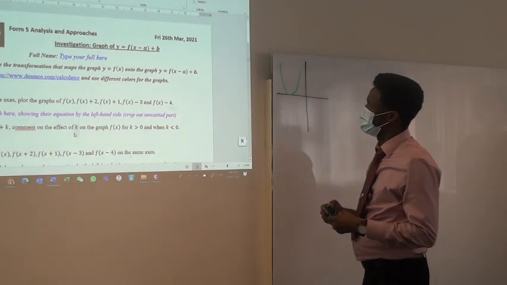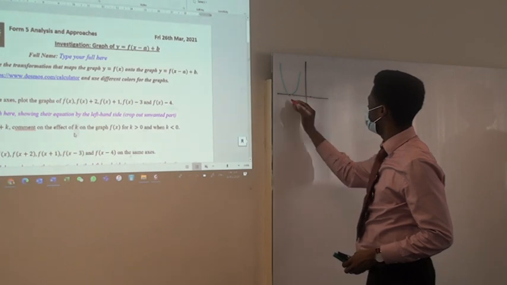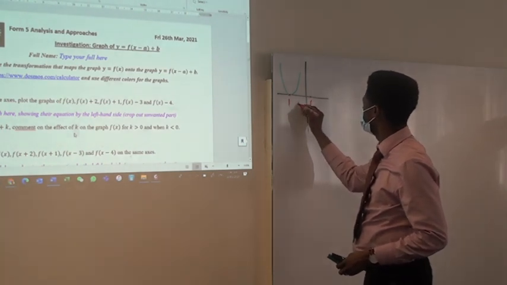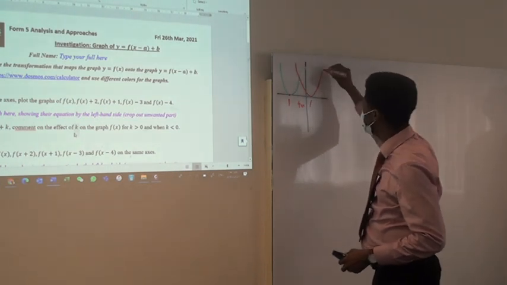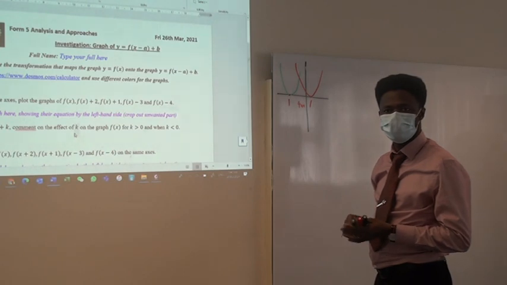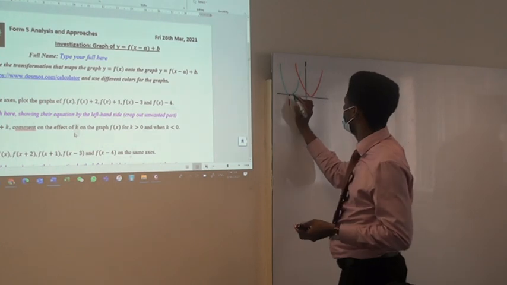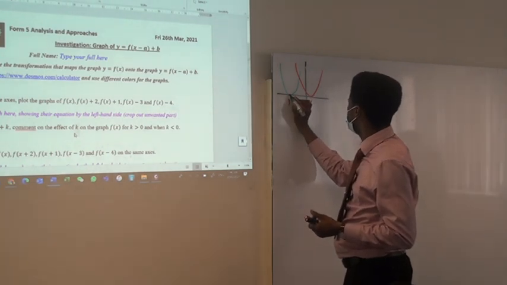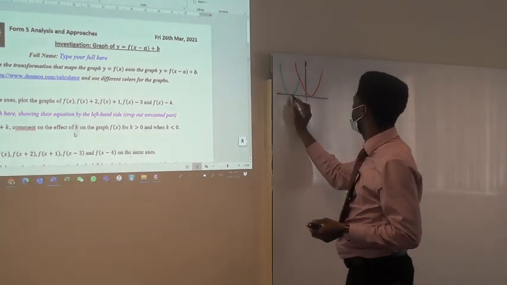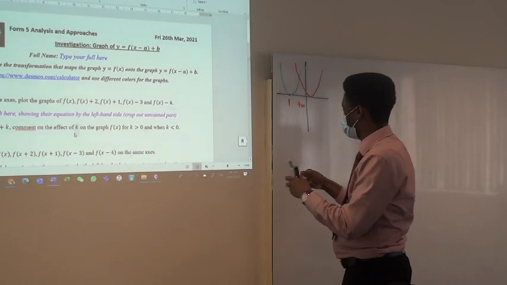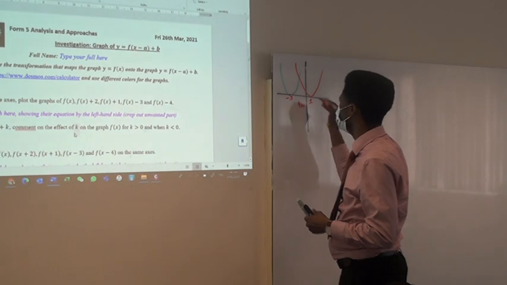Now, if you move to this point by a step of, say, 4 units, you're going to end up getting a function that looks like this. Alternatively, you can move 4 units here. This is not 1; I am just trying to put a notation. Let's say this is minus 3. 4 units will be 1.